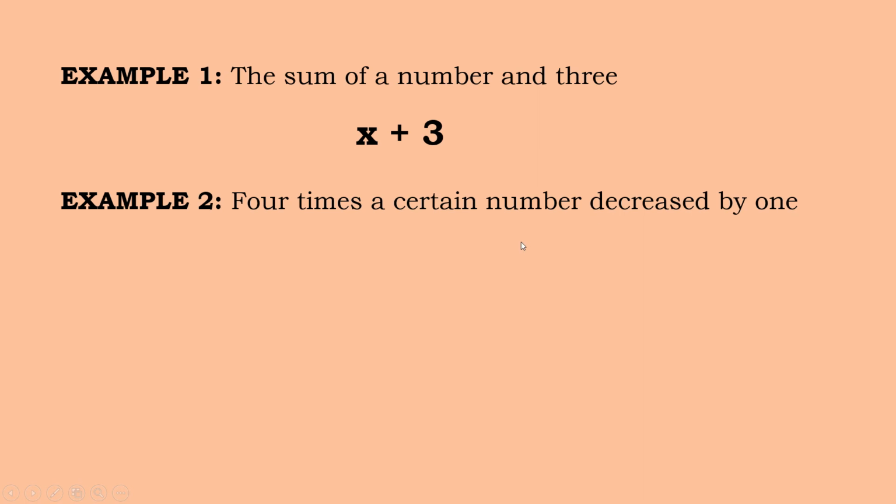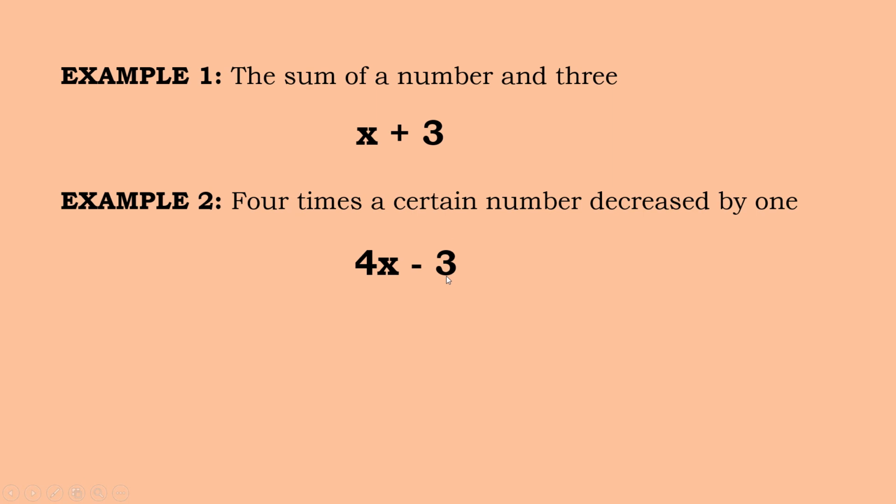Decreased by 1. This is the mathematical phrase. If it's given a certain number, just use any letter in the alphabet to represent your number. Decreased means subtraction, by 1. So 4 times a certain number decreased by 1.